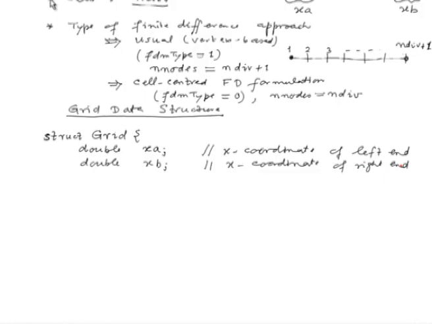Next, we should put in number of divisions, that is definitely an integer. So, int n div, number of cells or divisions.